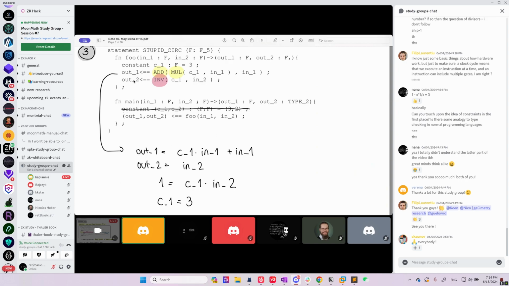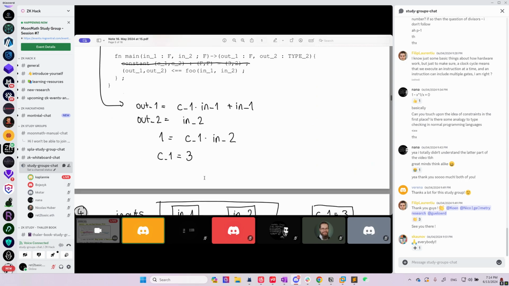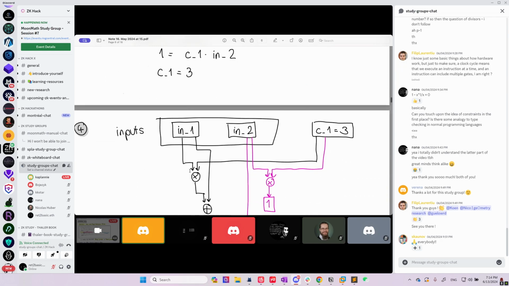Okay, and the second output is going to be the inverse of C1, meaning in2. So this is what we are going to be doing. C1 is 3, right? And in this inverse function, we're constraining that in2 is actually inverse to 3.